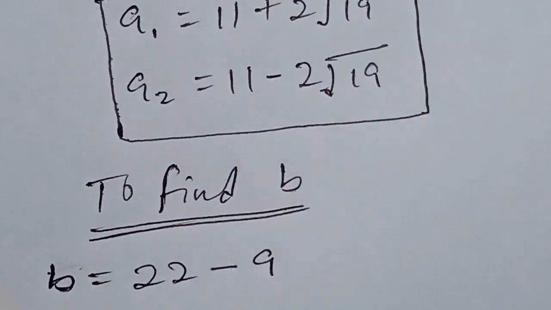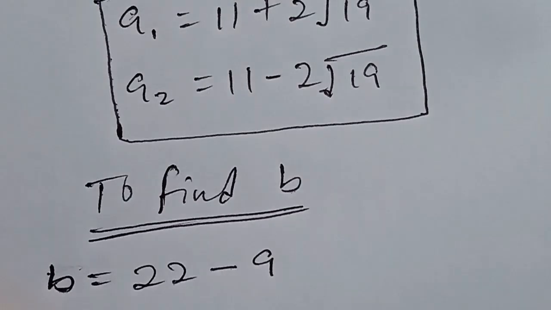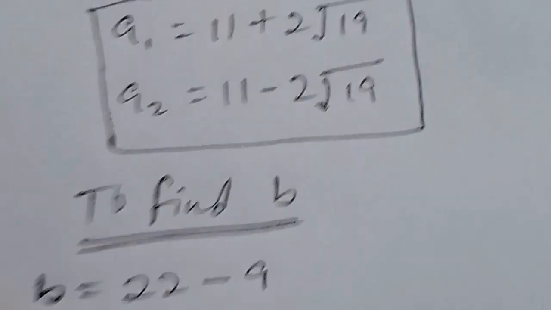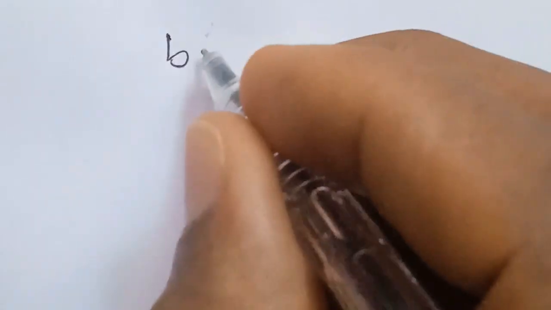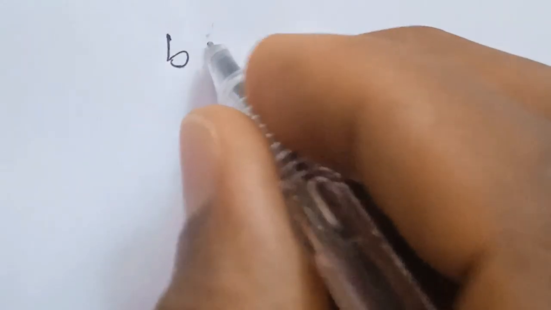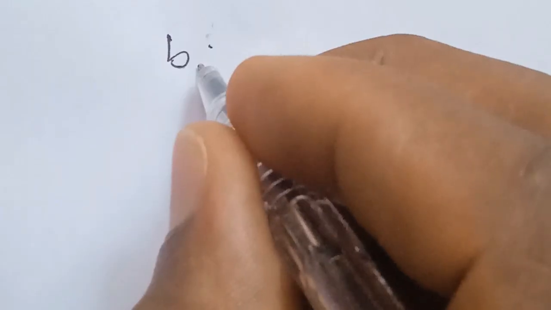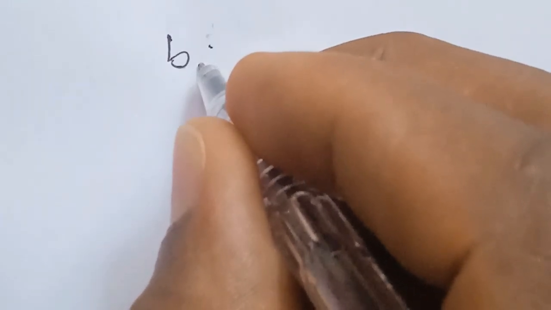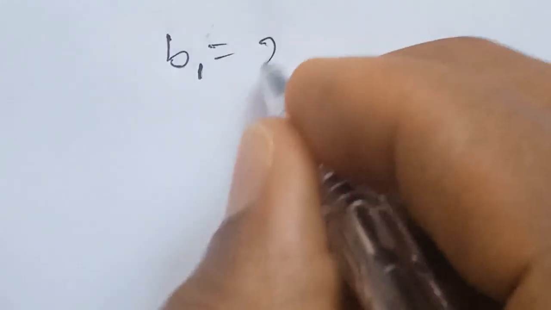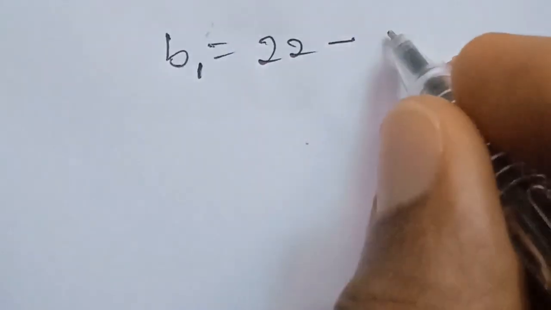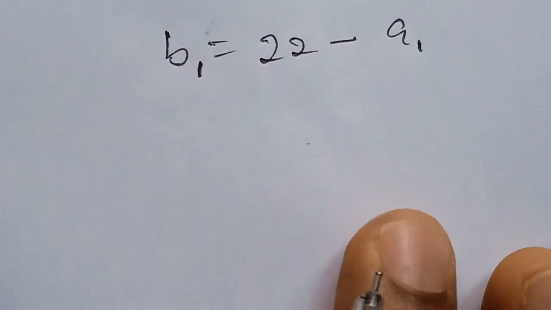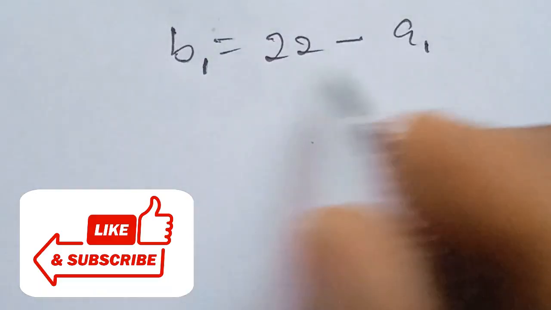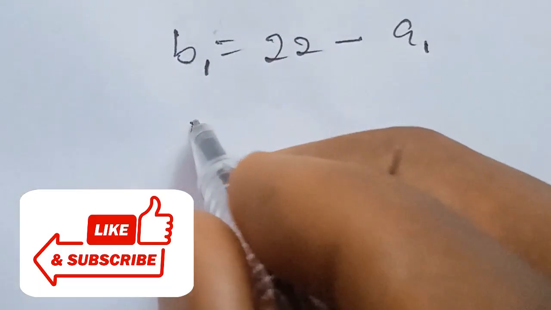So we insert the two values of a to confirm the two values of b as well. We want to find the value of b1 now. b1 will be equal to 22 minus a1. So we apply the value of a1 here to get b1.